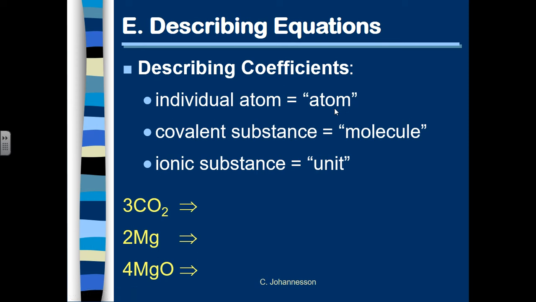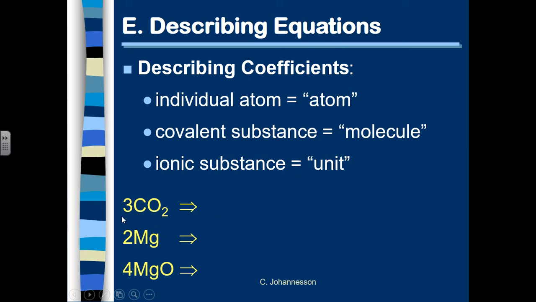It's a single element. If it's covalent, remember how to tell if it's covalent. 2 nonmetals bonded together is covalent. If that's the case, we're going to call it a molecule. If it's ionic, which means a metal bonded to a nonmetal, remember that, then we're going to call it a unit.